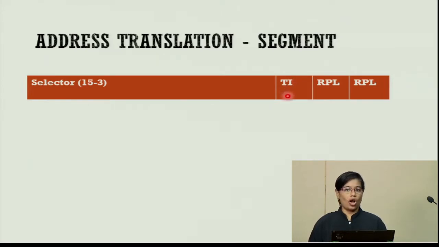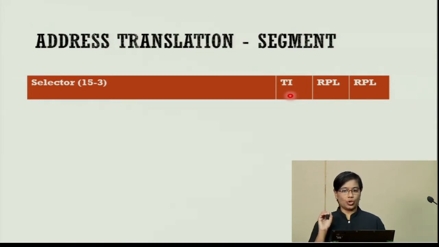This bit, called the TI, indicates which table you are going to use. There are 2 descriptor tables in memory: a local descriptor table and a global descriptor table. If the TI bit is 0, the entry for the segment is available in the global descriptor table.